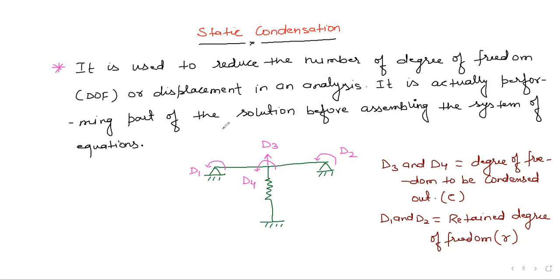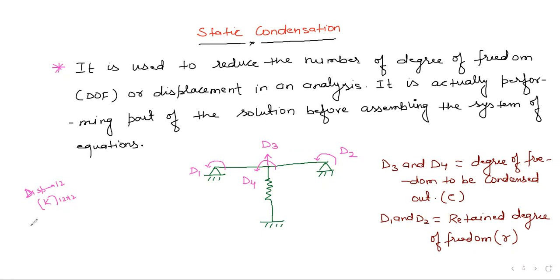Suppose we have a structure in which the degrees of freedom are 10 or 12. Let us say 12. Out of that, we want only two values. If we have 12 degrees of freedom, the size of the stiffness matrix is going to be 12 by 12.